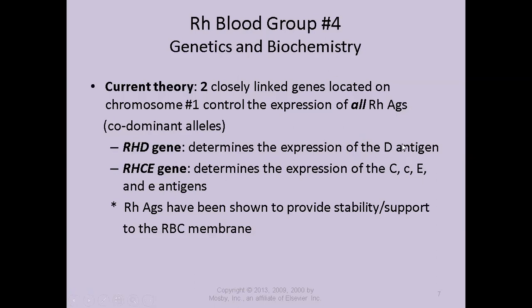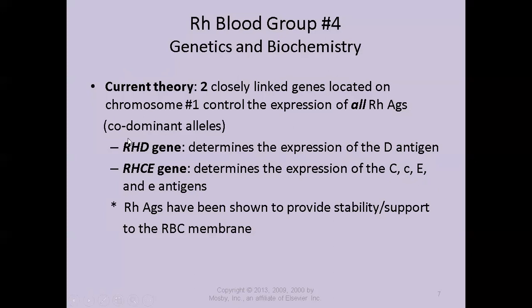So basically these two genes together control the expression of 5 different potential antigens. Remember, they're codominant. So an individual could have big D, big C, big E, little c, and little e. They could have all 5 potentially, or they could have less. And we'll get into that in a few minutes.